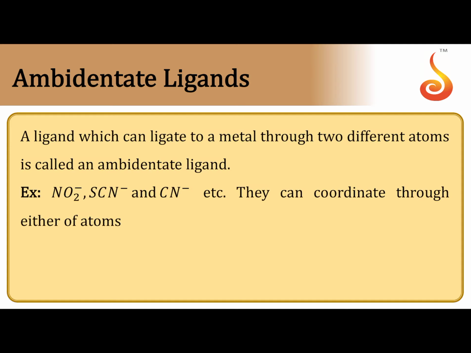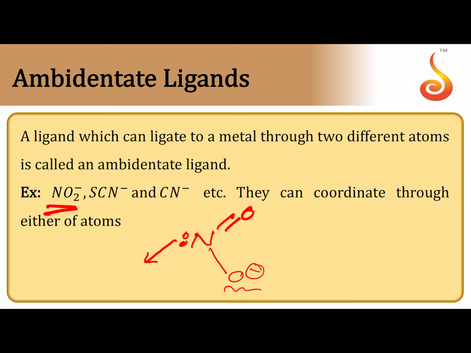Ambidentate ligand: it is a monodentate ligand, but it has two types of donor atoms. Take NO2: it has two donor atoms, one is O- and the other is nitrogen. It can donate one dative bond; it cannot form two dative bonds. This is monodentate only.